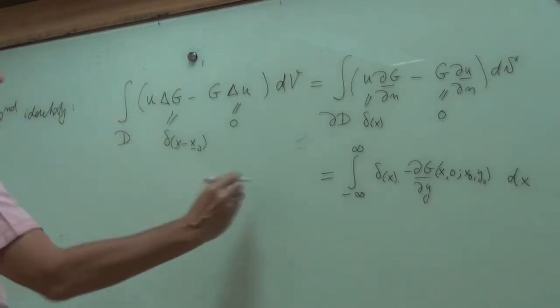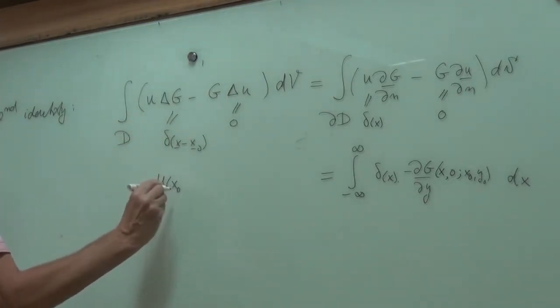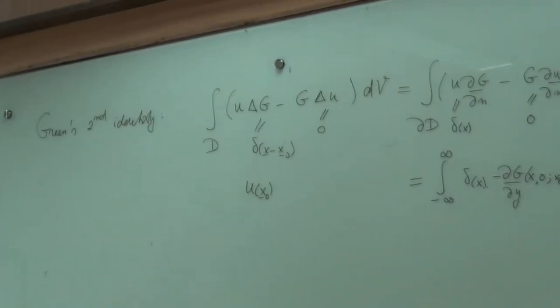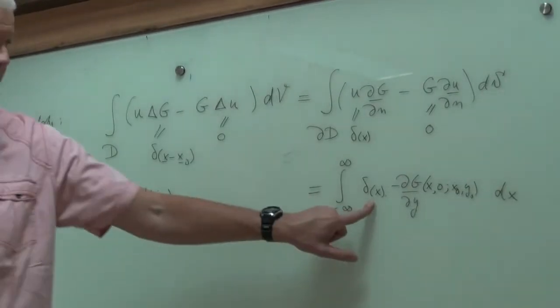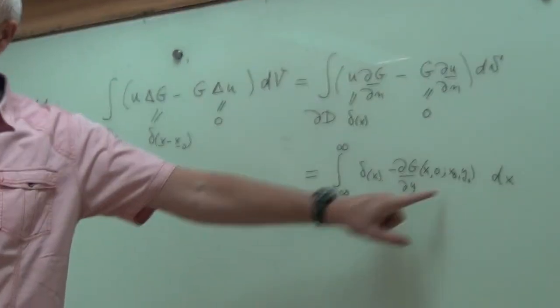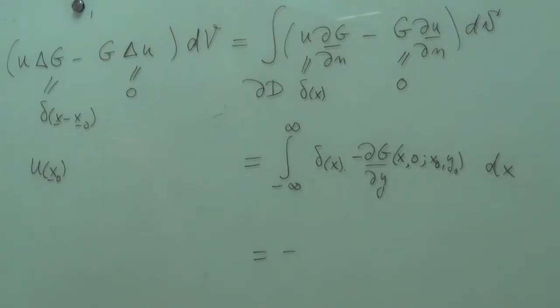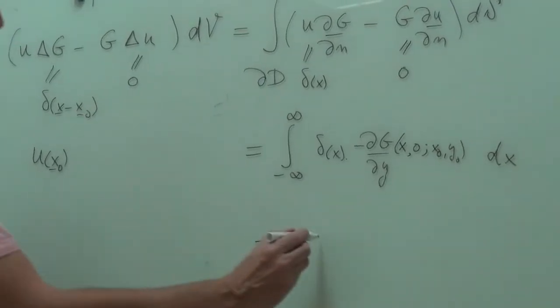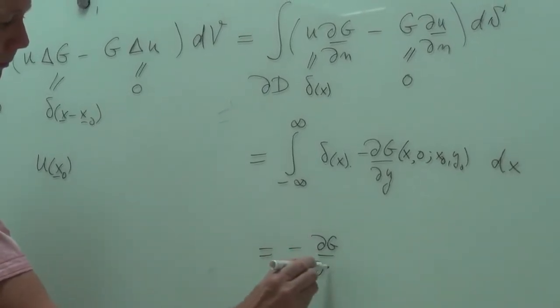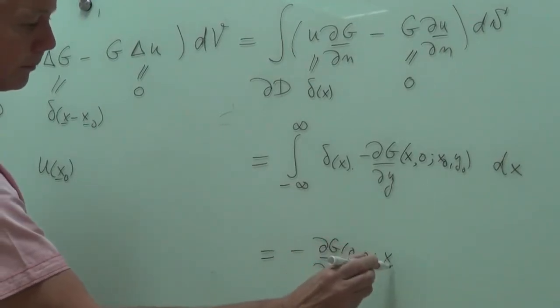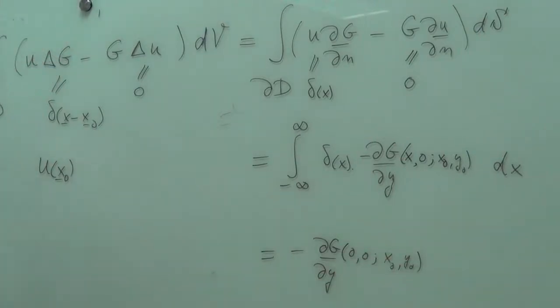That will give me only x0. Then I have to look at the integral that I have at the end. What do I know? It's delta x times this. What's the outcome? Minus? You agree?